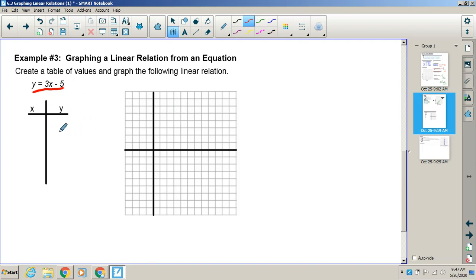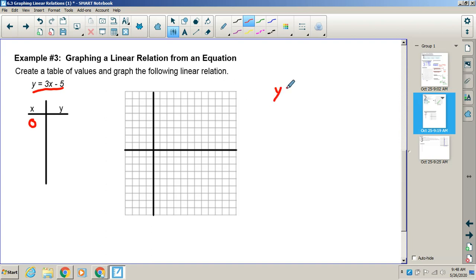So what I would do is choose some values for x, and use some substitution or a little bit of algebraic process to figure out what my y value is. If I, for example, choose 0 for x, I can substitute this x value into this equation, and it will generate a y value for me.